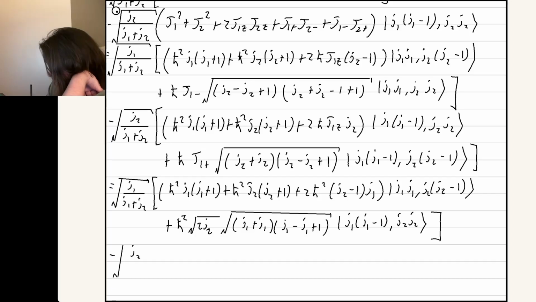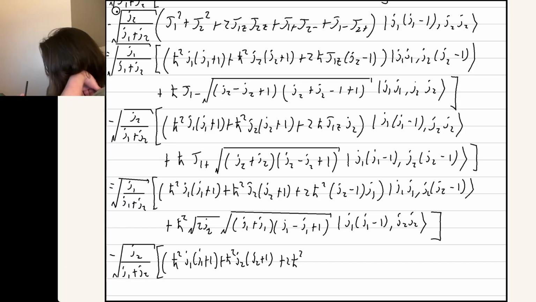So j2 over j1 plus j2, open bracket, we've got h bar squared j1, j1 plus 1 plus h bar squared j2, j2 plus 1 plus 2 h bar squared. And then this is going to be, we had j2, and then we're going to have j2, j1 minus 1. Yeah.